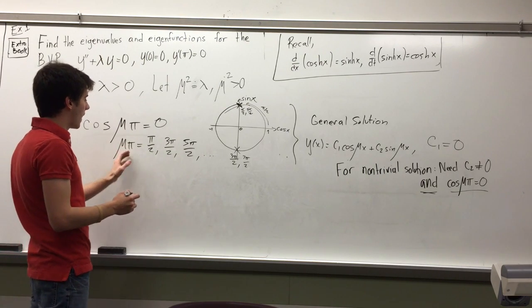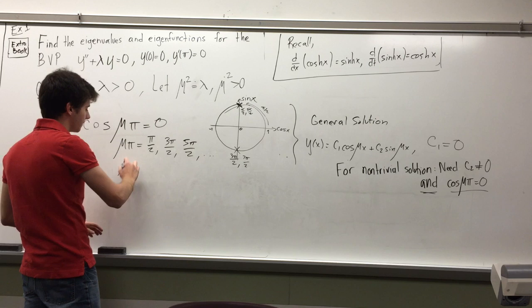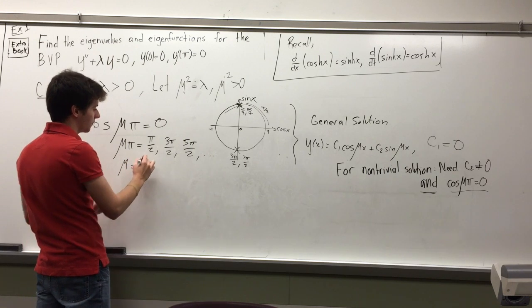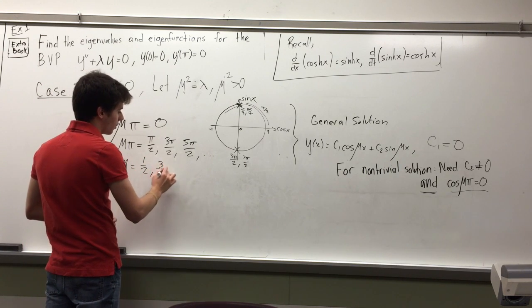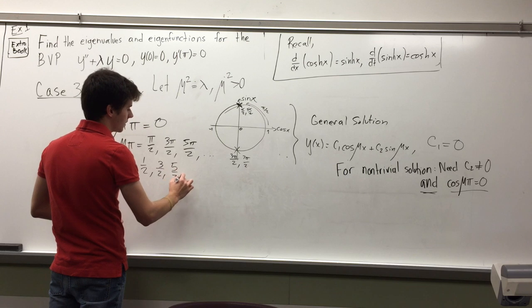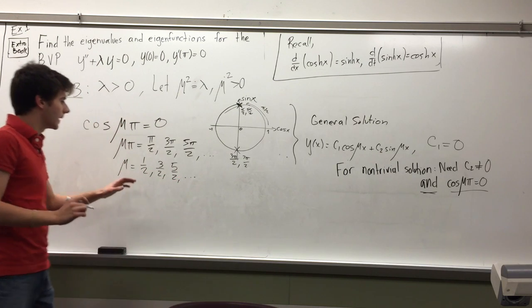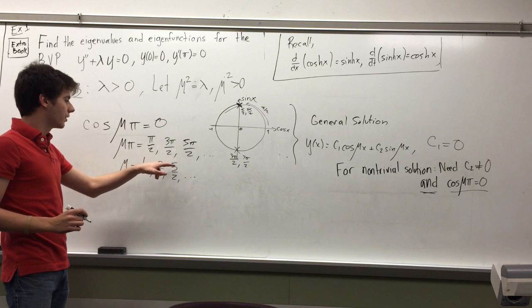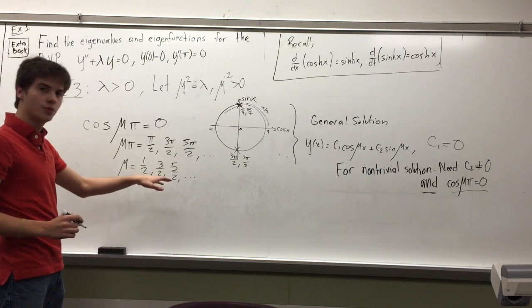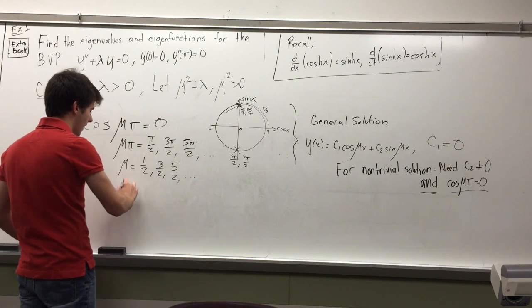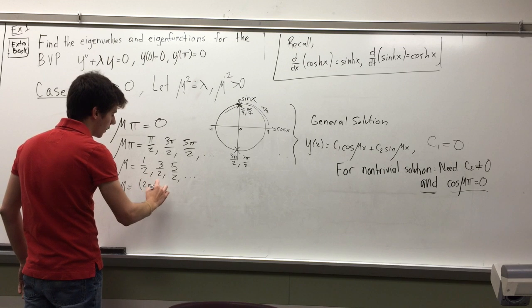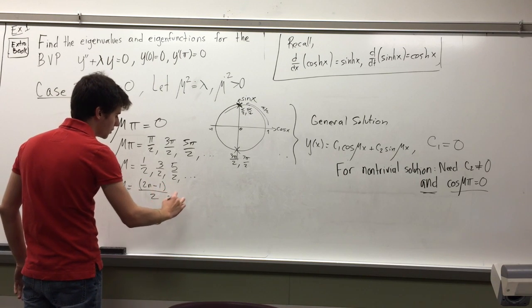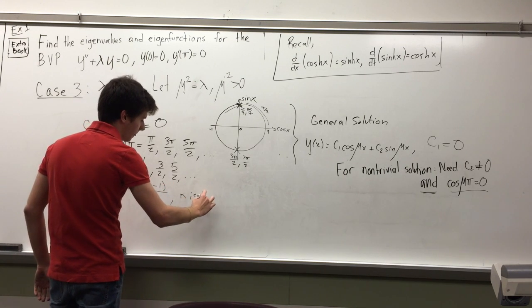We can divide by pi on both sides to find the pattern for mu. So mu is 1/2, 3/2, 5/2, and so on. And what we can see is that we have odd numbers in the top and 2's in the bottom. So we can write this as 2n minus 1 over 2, where n is an integer.